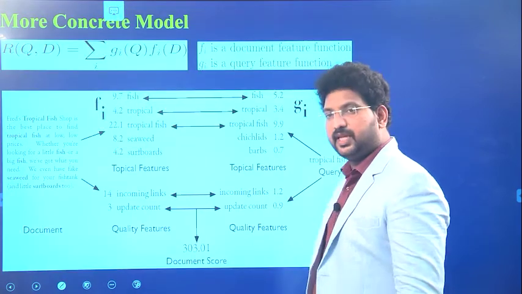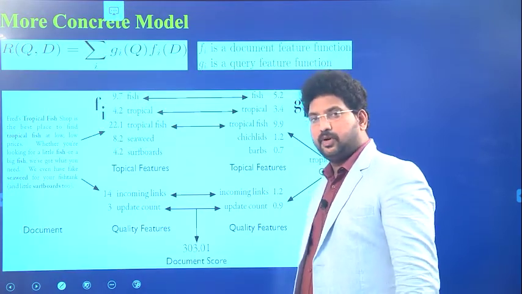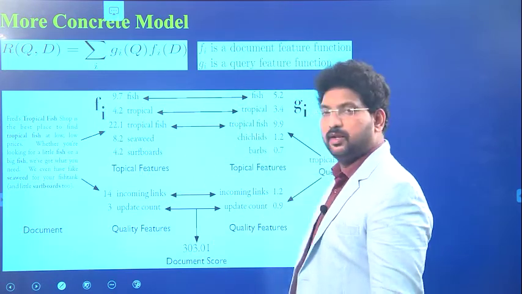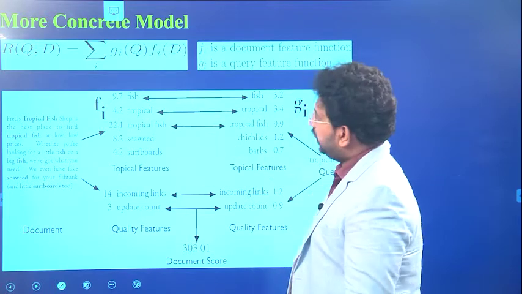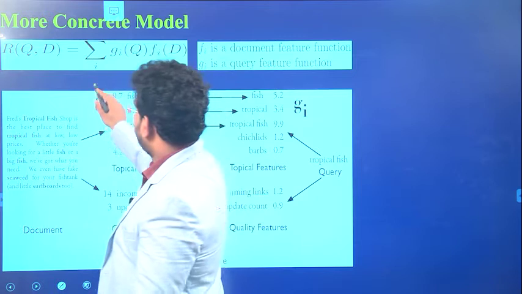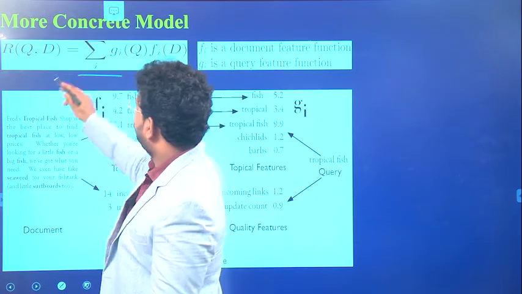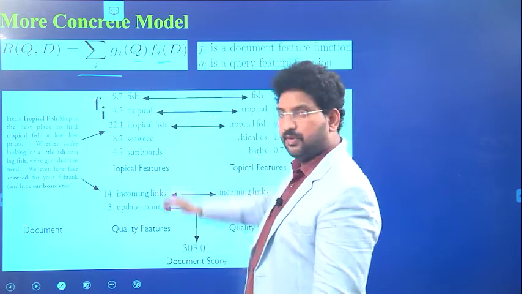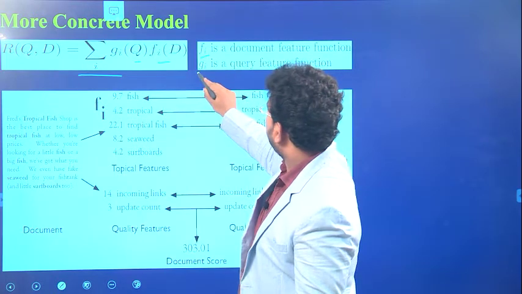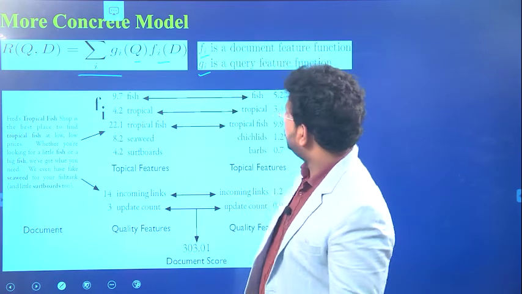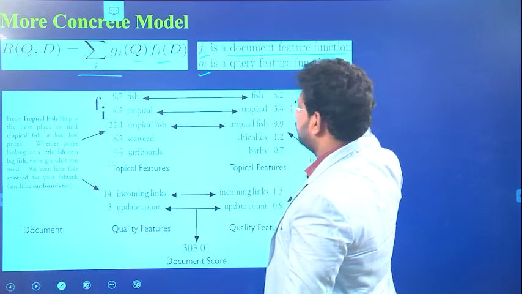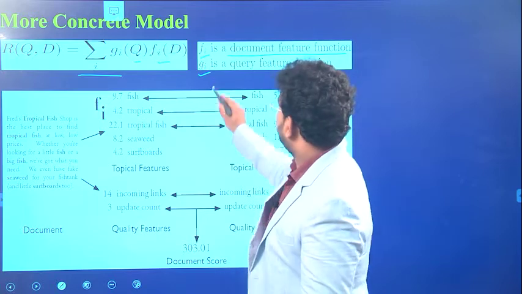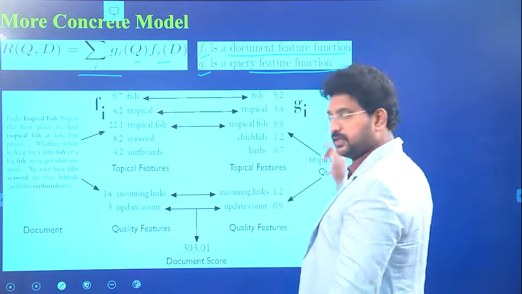And in continuation of the abstract model of ranking, you are able to find a more concrete model. Here is a mathematical expression: R(q, d) equals summation over i of gi(q) fi(d). What are fi and gi? fi is the document feature function, which talks about the document's related information, and gi is the query feature function.